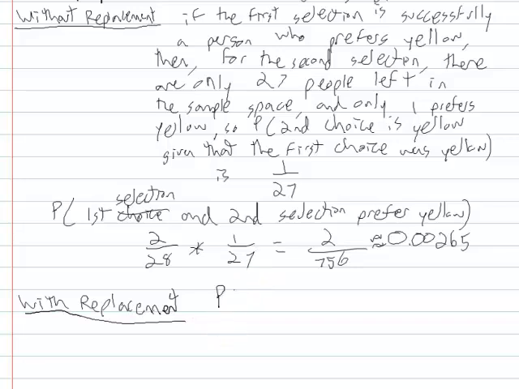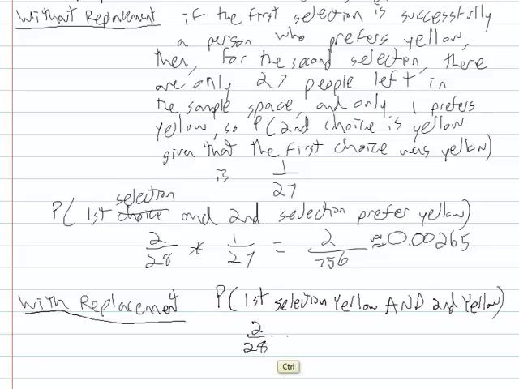And so the probability that the first selection is yellow and the second is yellow is equal to the product of those probabilities. It's still 2 out of 28, and the second one is also 2 out of 28, because if I put that first name back, if it's yellow, there's still 28 names in the hat, and there's still 2 of them that are yellow.